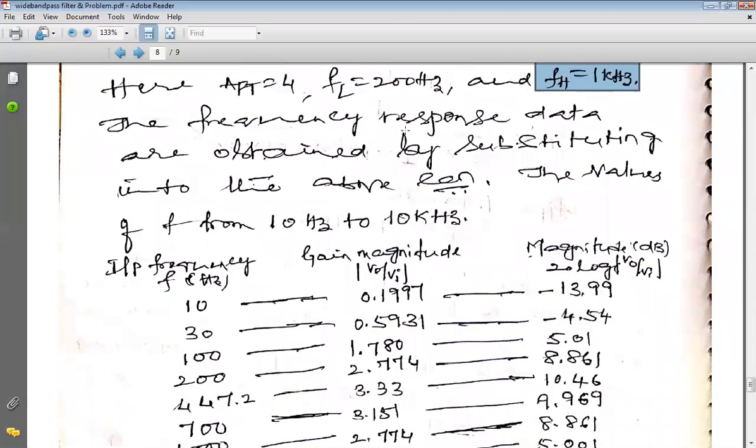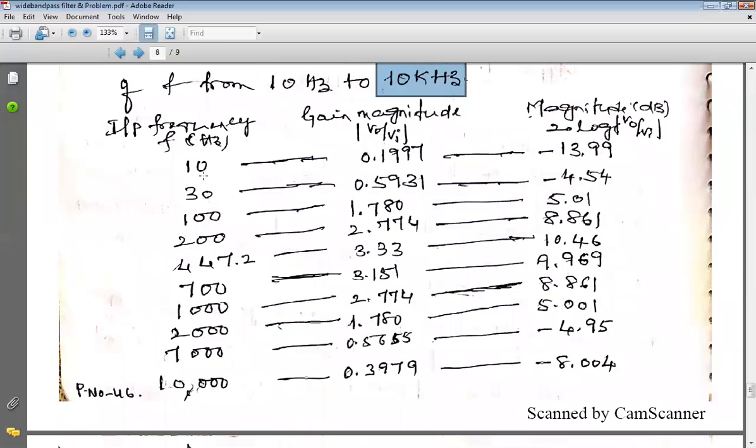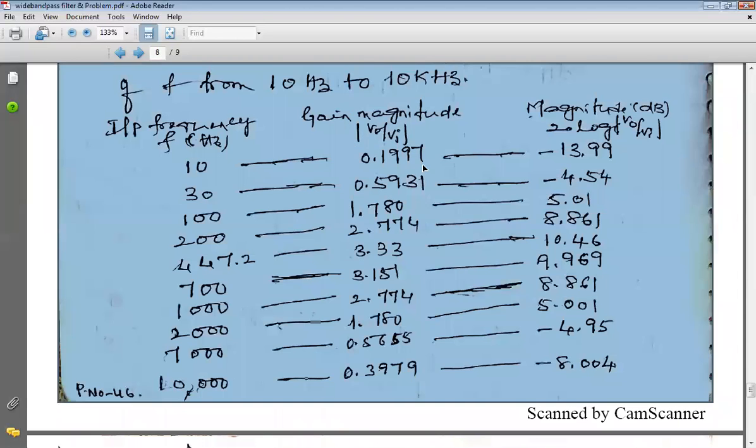Then the frequency response data are obtained by substituting into the above equation the values of F, the input frequencies taken from 10 Hz to 10 kilohertz. That is the first column, 10 Hz to 10 kilohertz. Then I am going to calculate the gain magnitude of the filter, V naught divided by Vi, from the above equation.